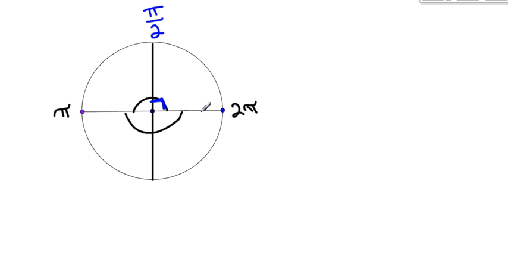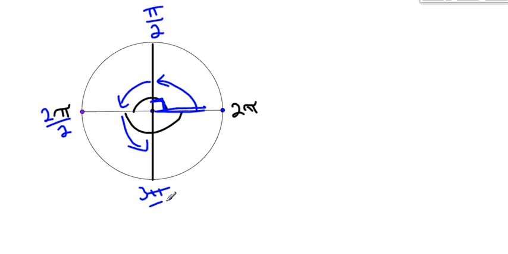So if I start here and I rotate here, I've rotated by pi over 2 radians. So this would be 2 pi over 2 radians, which is just pi. This would therefore be 3 pi over 2 radians, and this would be 4 pi over 2 radians, which of course reduces to 2 pi.